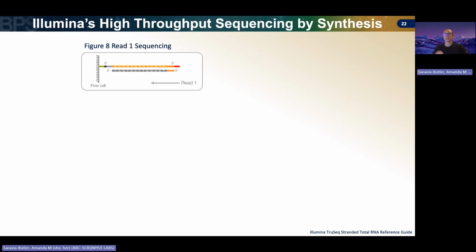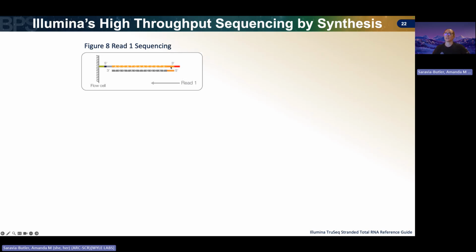So once we have our clusters, every strand in each one of those clusters is going to get sequenced the same way. And so our forward strand is going to be sequenced first, which means the reverse template is going to get cleaved off and washed away, leaving only our forward templates there. And so then it is going to utilize this priming region.